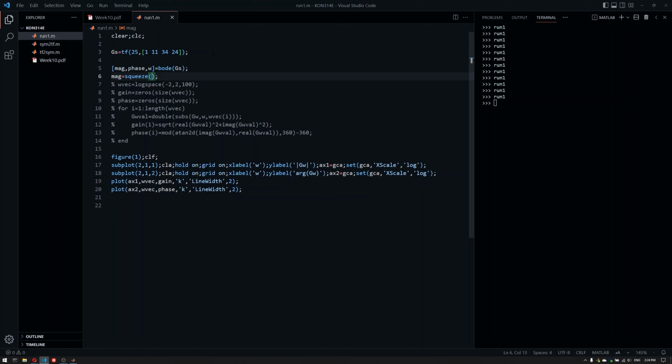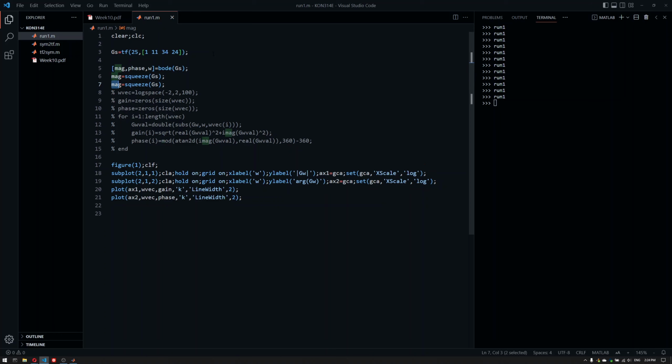There would be channels, and we would have Bode graphs from input 1 to all the outputs, from input 2 to all the outputs, etc. So there would be a matrix structure. But here we are concerned with LTI systems, so we can just get rid of the extra dimensions in phase and magnitude if there are. We're not really interested in them.